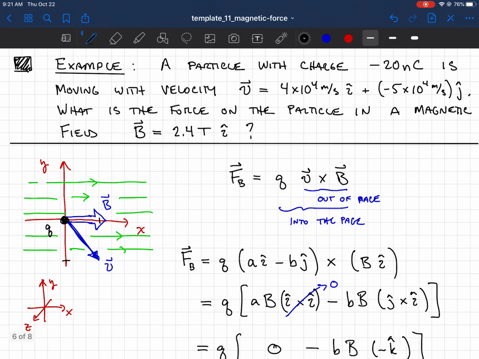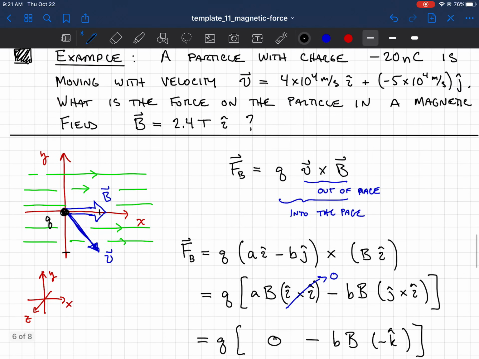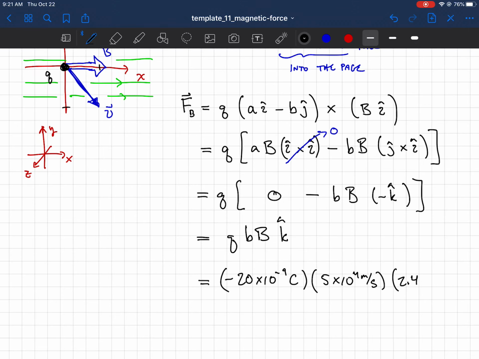And then little b we found was 5 times 10 to the 4th. And big B we had was 2.4 tesla. And that will come out to be some number. Oops, I left out the k hat. So it's going to be some positive number times minus k hat.